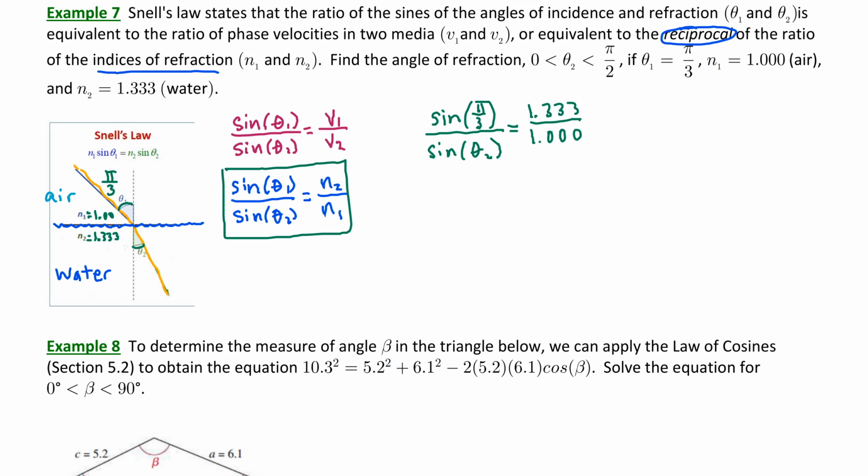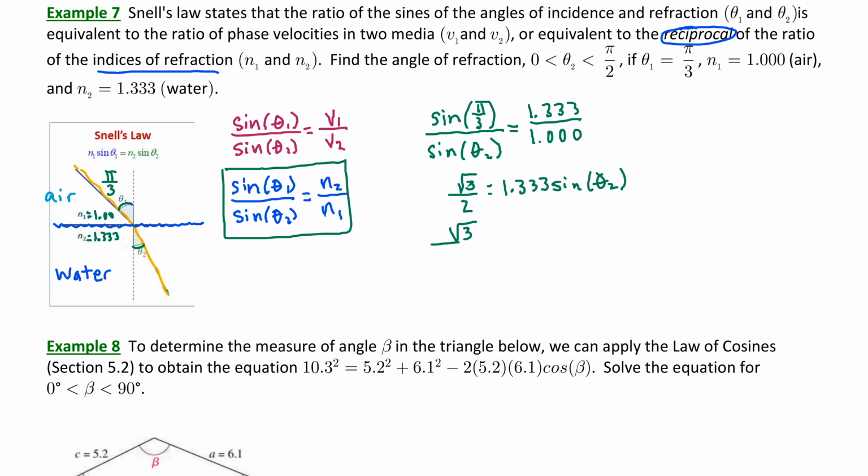I'm going to start by cross-multiplying. 1 times sine of pi over 3 is square root of 3 over 2. And over here we have 1.333 sine of theta 2. So again, I'm cross-multiplying and I evaluated sine of pi over 3. To solve for sine of theta sub 2, we're going to divide both sides by 1.333.